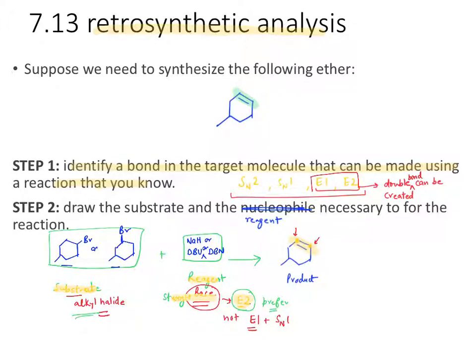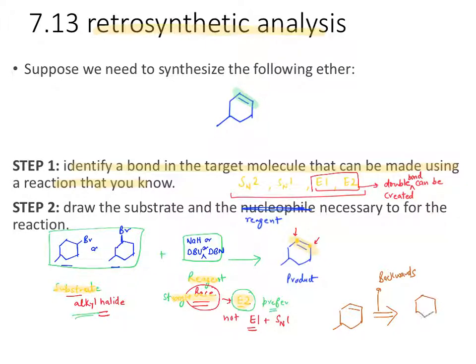So for example, we will draw a product on the left hand side, and we will use this type of arrow, which basically means backwards, and we write the substrate and the reagent.